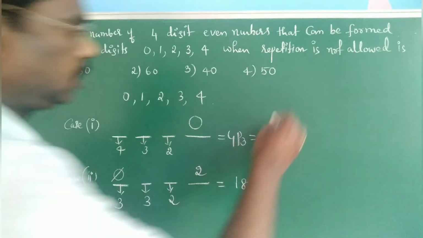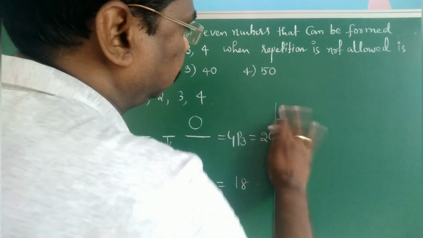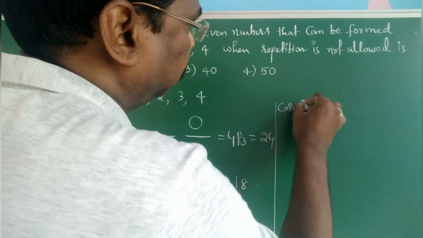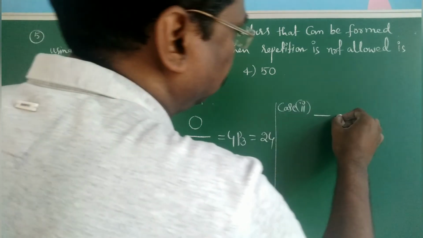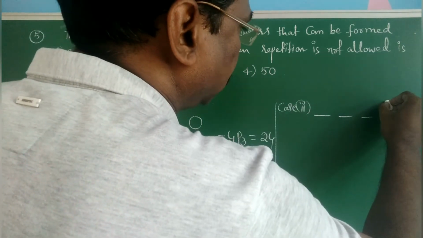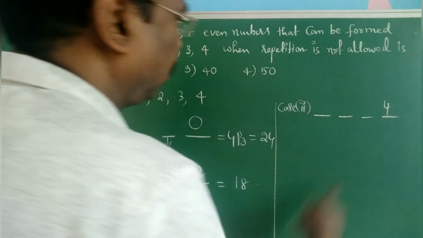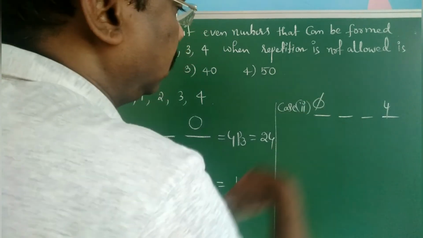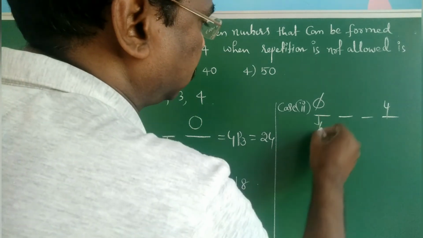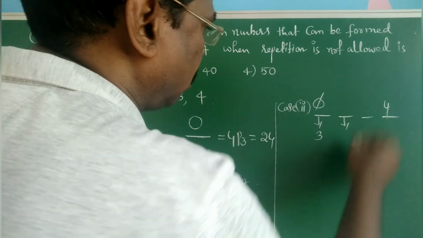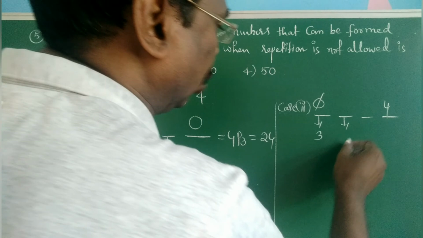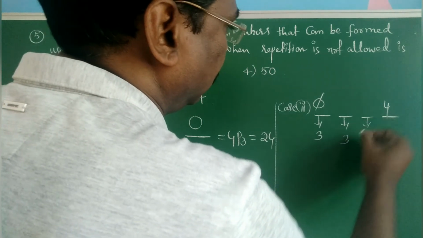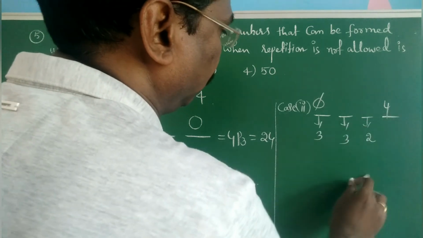Next, case 3. Last, the unit place can be filled with 4. Remaining 3 places are there. First place except 0, the first place can be filled with 3. Now the second place can be filled including 0, here also 3. Now the third place can be filled with 2.